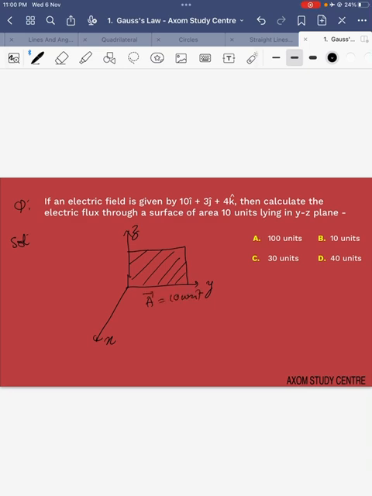The electric field has X, Y and Z components, but you have to calculate for this area.